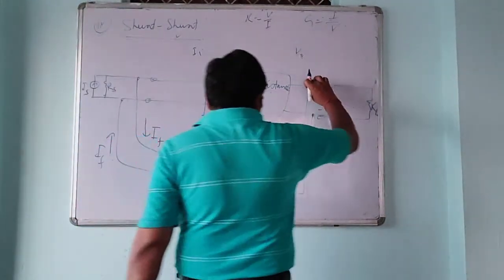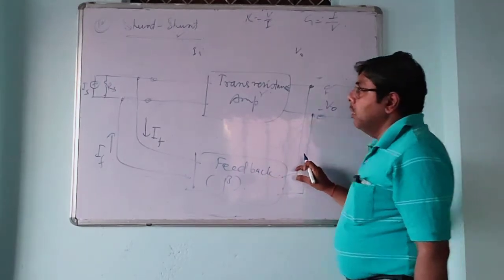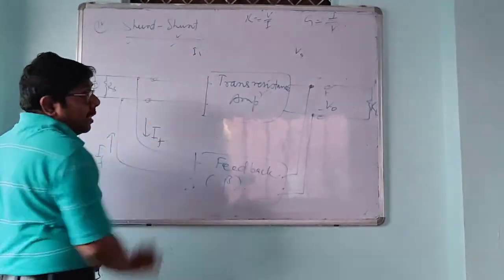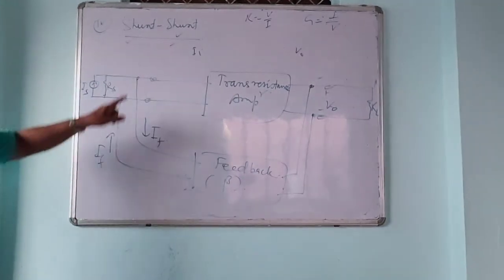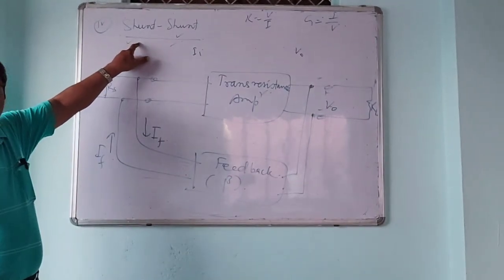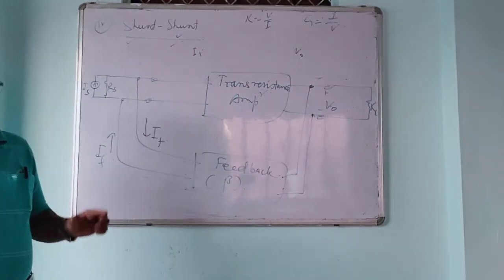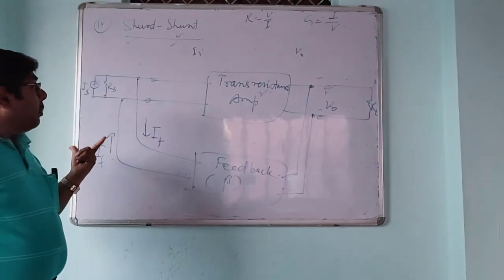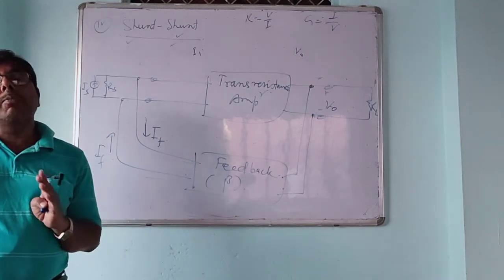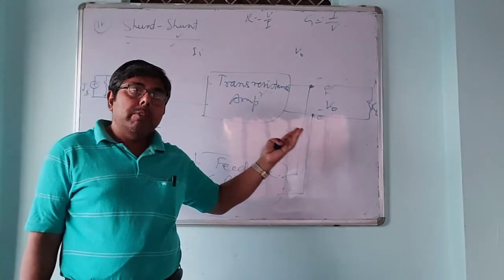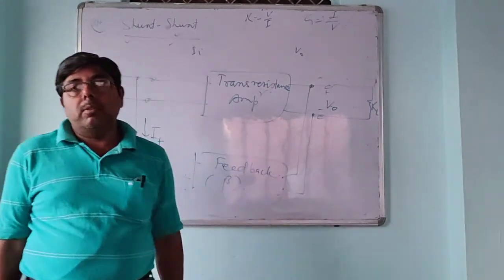Output is taken in parallel. Input is also connected in parallel. That's why this is called shunt. The same connection is there at the input in parallel, at the output in parallel. So you must be clear that mixing is always performed at the input and sampling is always performed at the output.